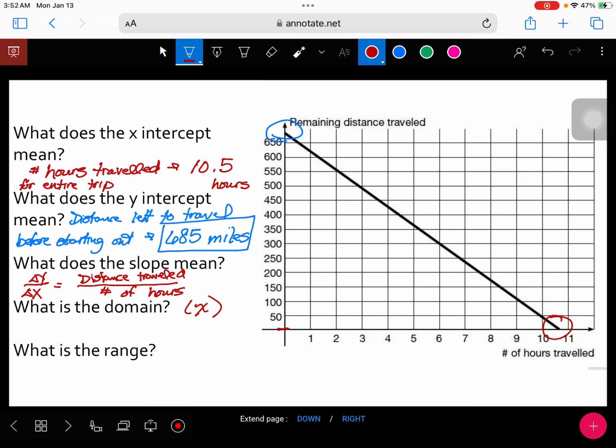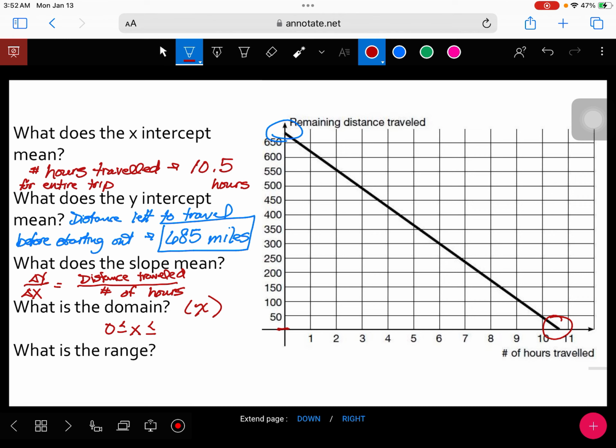I would say the domain for this would be 0 is less than or equal to x, which is less than or equal to, is it actually 10.5?